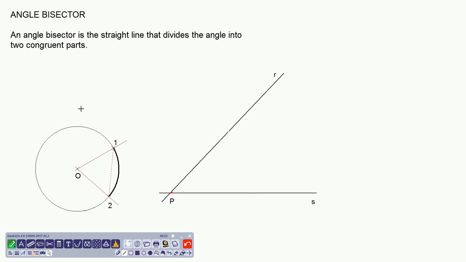Now, if we look at this circumference here, I've drawn two radii between which there is an angle, an arc, and a chord. If I draw the perpendicular bisector of the chord that goes from point 1 to point 2, the perpendicular bisector of that line segment will go through the center of the circumference.